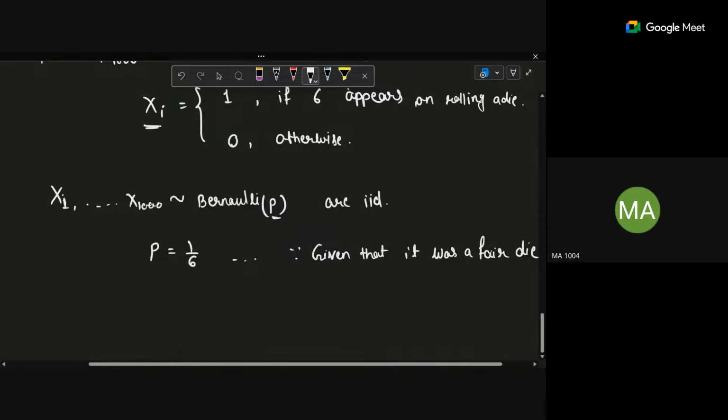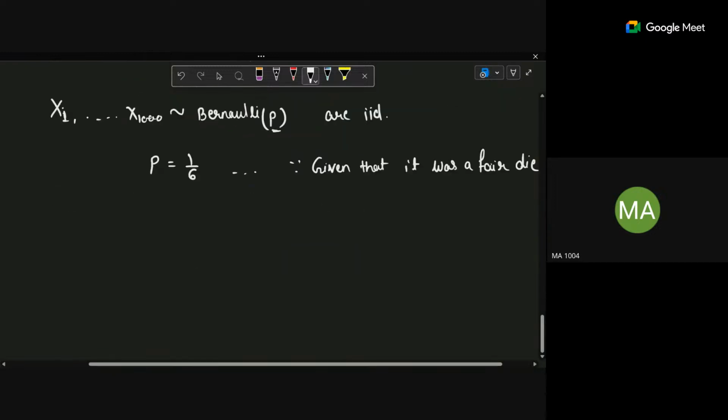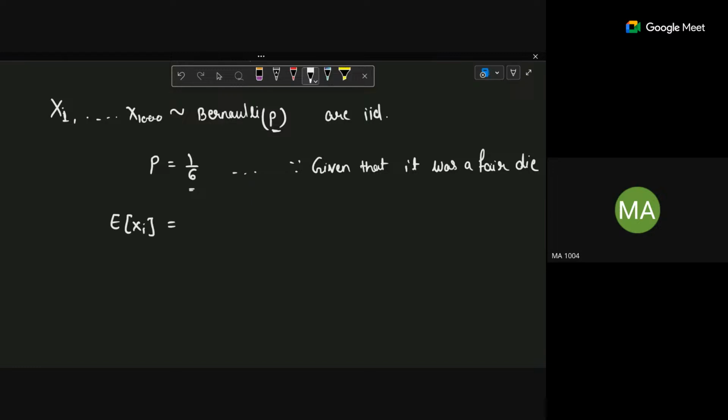Now, you know that it's a Bernoulli random variable with probability 1/6. Can you give me the expectation of xi? It is equal to P, right? If x is a Bernoulli random variable, its expectation is P, that is 1/6.